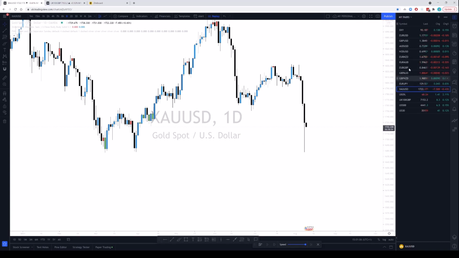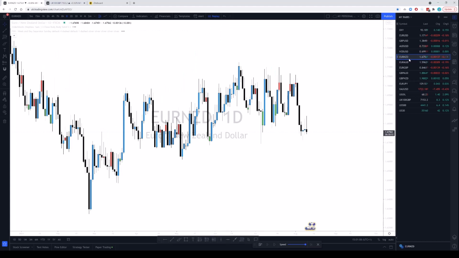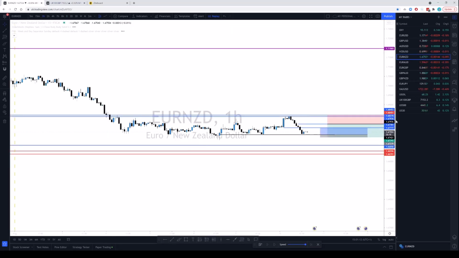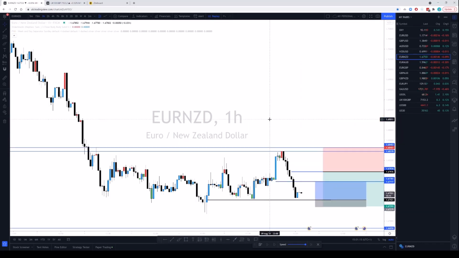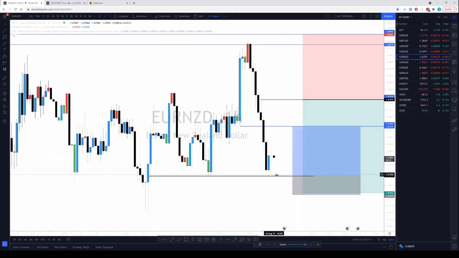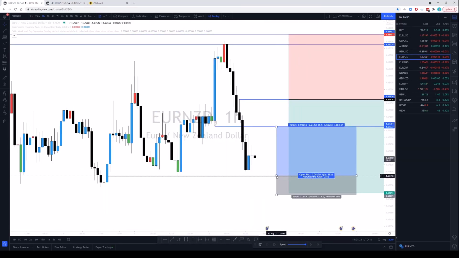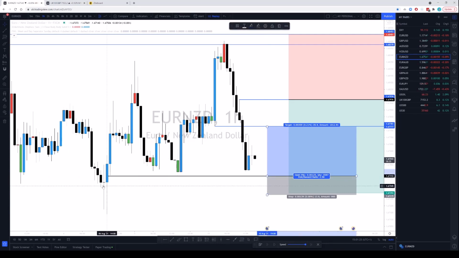Let's check Euro New Zealand, because I was anticipating something like that anyway. Yep, I'm actually anticipating something like that here. You can see I have a buy down there.